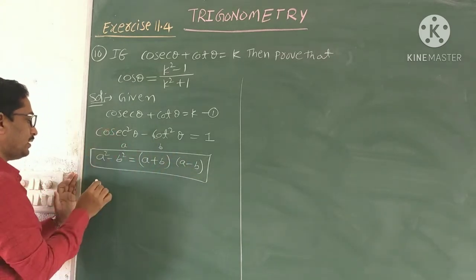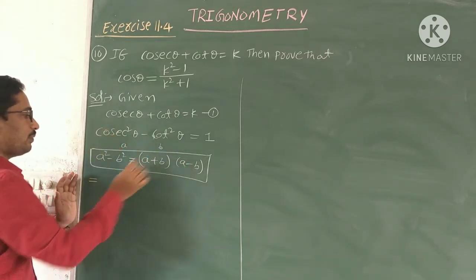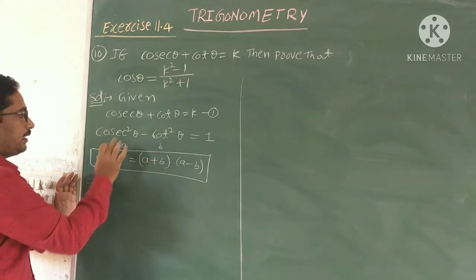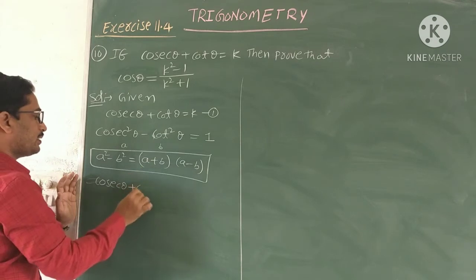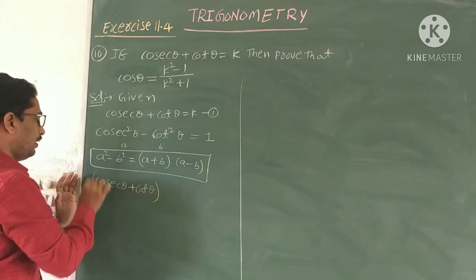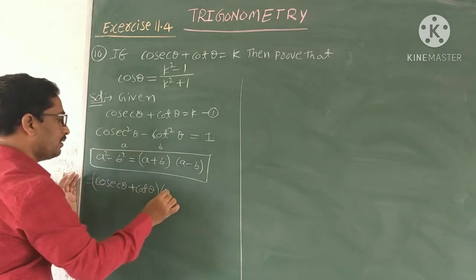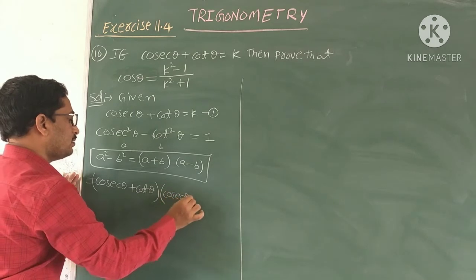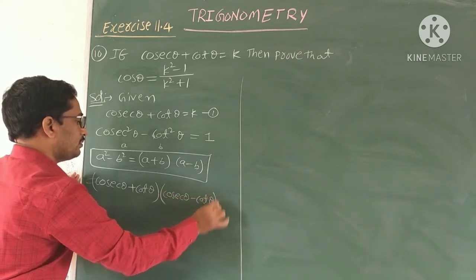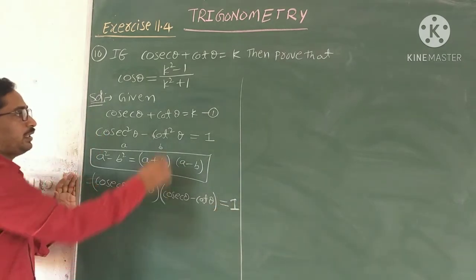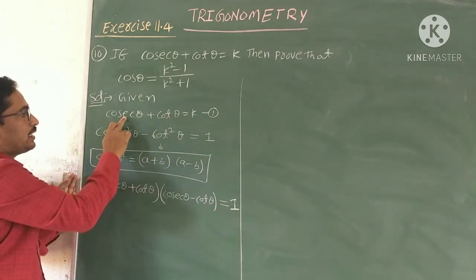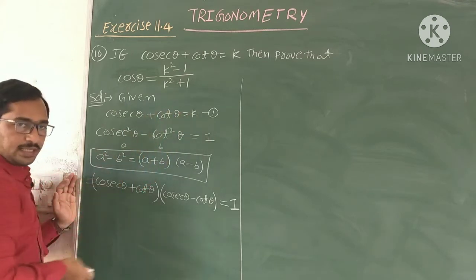So split into the form: a means cosec theta plus b means cot theta, into a minus b, cosec theta minus cot theta, equals the right side, which is 1. But from equation 1, cosec theta plus cot theta value is k.